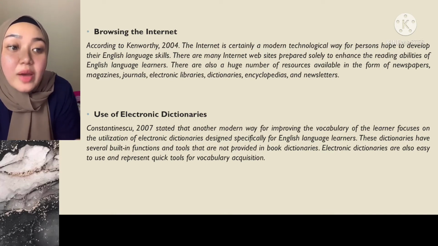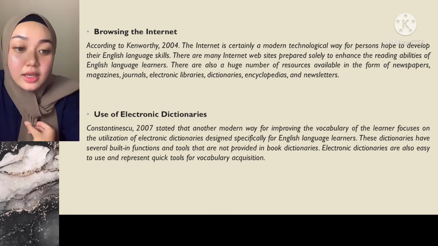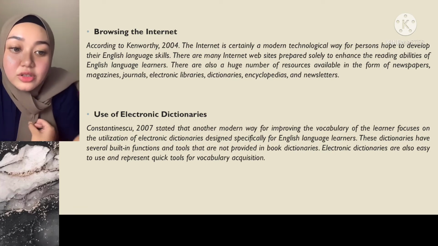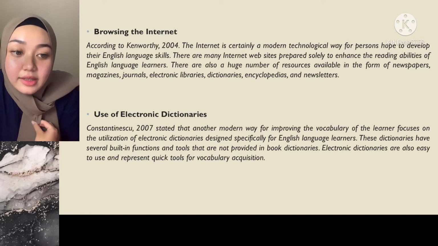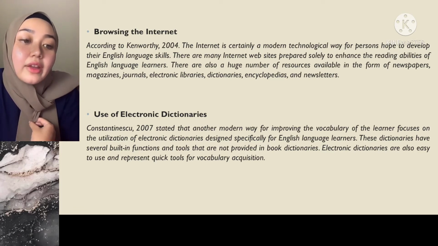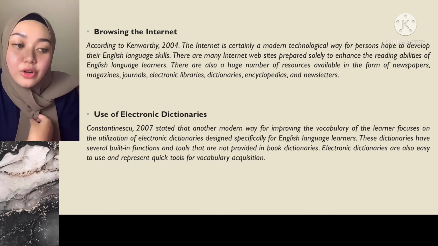There are many internet websites prepared solely to enhance the reading abilities of English language learners. There is also a huge number of resources available in the form of newspapers, magazines, journals, or even encyclopedias. And the last one is the use of electronic dictionaries. According to Constantine 2007, another modern way of improving the vocabulary of the learner focuses on the utilization of electronic dictionaries designed specifically for English language learners.